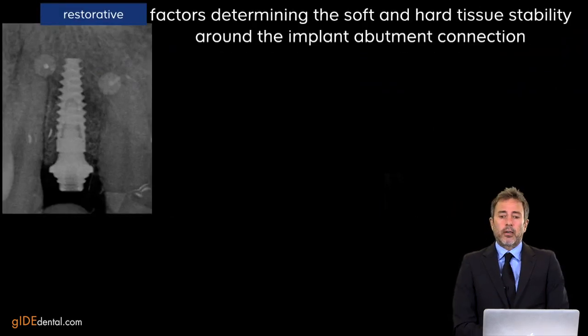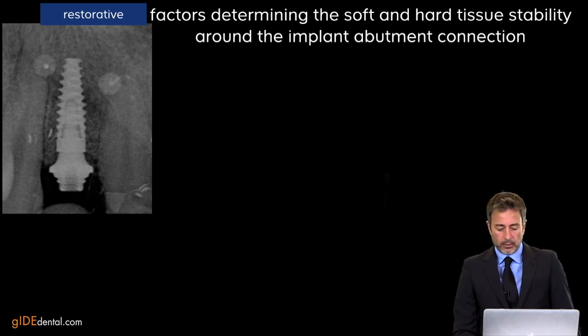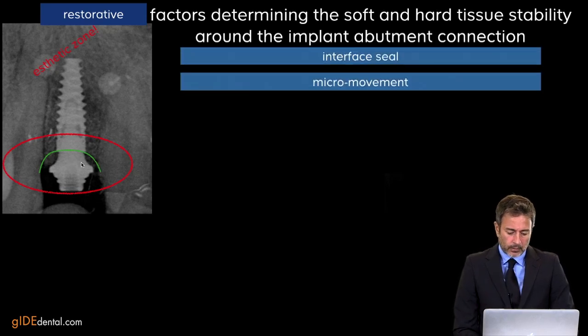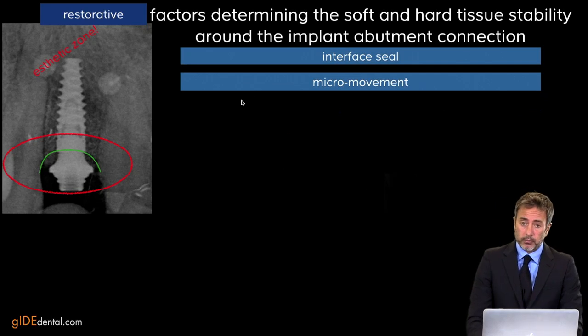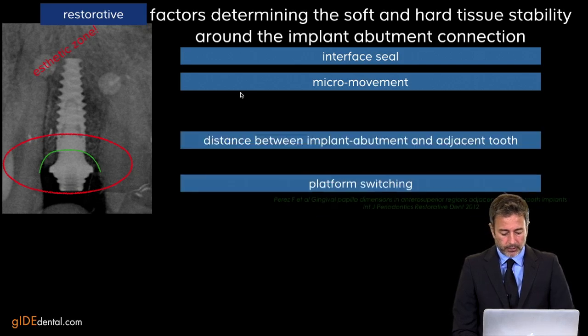So what are the factors that determine the soft and hard tissue stability around implants? Restoratively speaking, first of all, a scalloping situation. You see the green line here. The interface seal and the micro movement are very, very important, and this is what we have already mentioned.